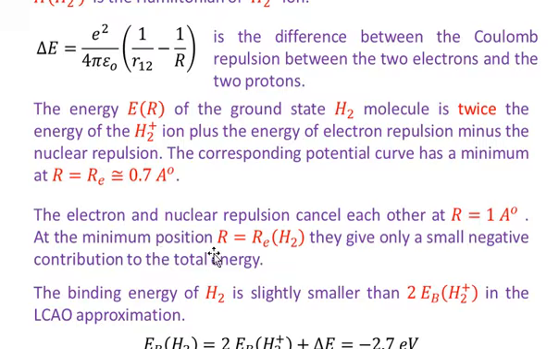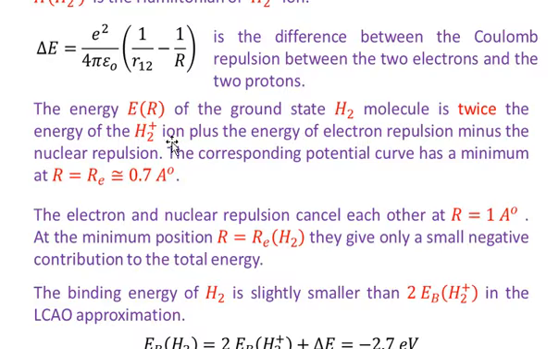At the minimum position R is equal to RE of the hydrogen molecule, they give only a small negative contribution to the total energy. So this energy term delta E that I have defined for the hydrogen molecule at its equilibrium distance will give you a small negative contribution to the total energy of the system.